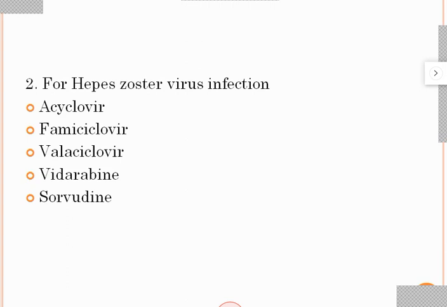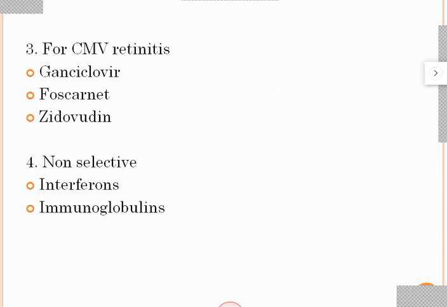For herpes zoster virus infection, we can use acyclovir, famciclovir, valacyclovir, vidarabine, sorivudine. And to treat CMV, cytomegalovirus retinitis, we can give ganciclovir, foscarnet, zidovudine. And non-selective antiviral drugs are interferons and immunoglobulins.